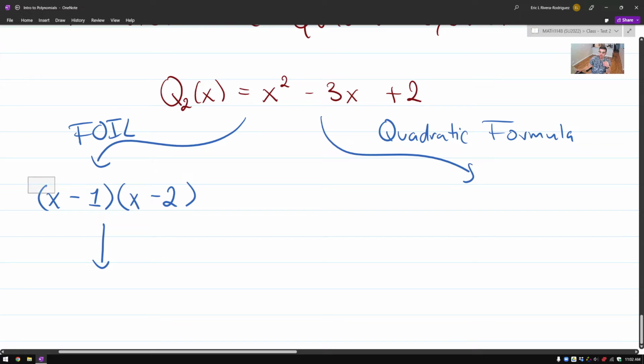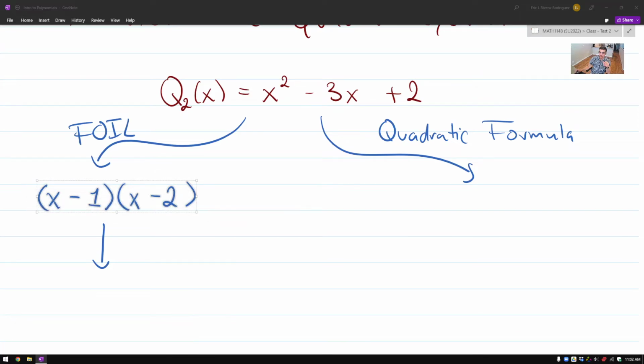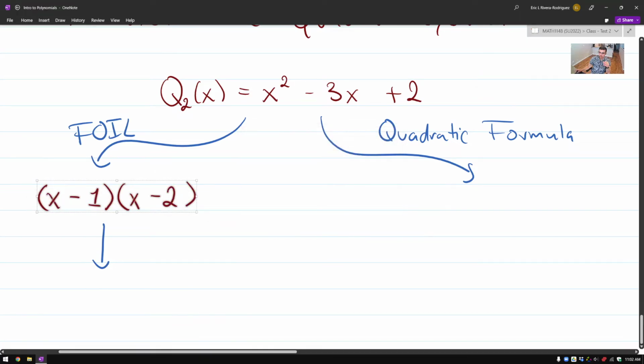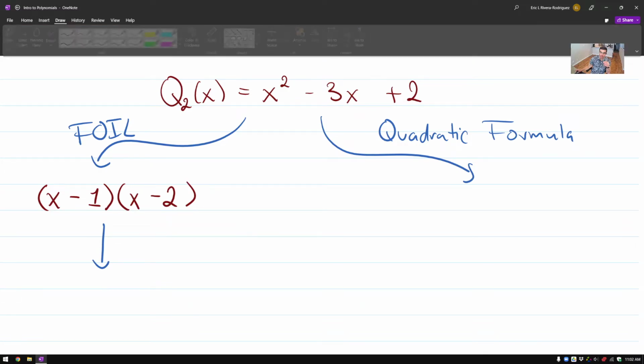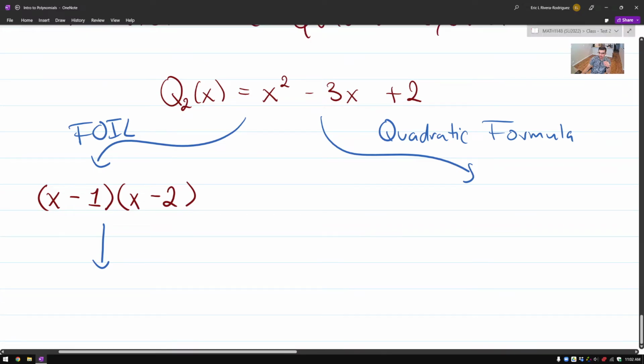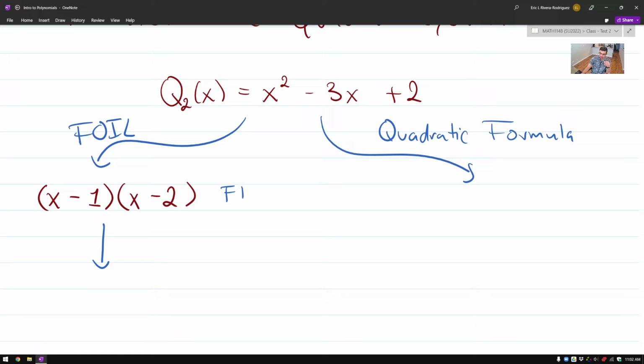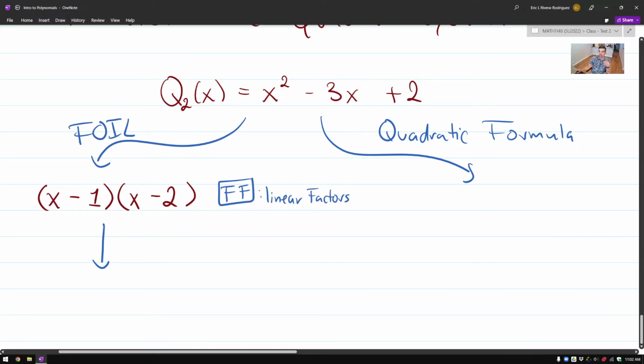Let me change this color to this one, and then I'm going to write in blue. So we got the factor form. This is the factor form of that quadratic equation, and here what we got are the linear factors. Okay?